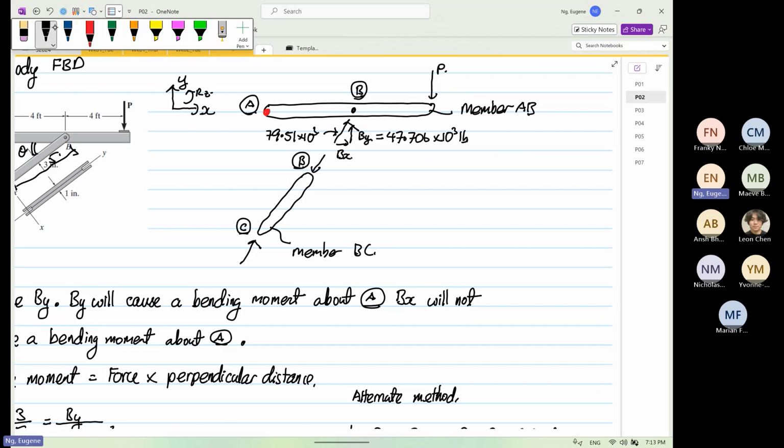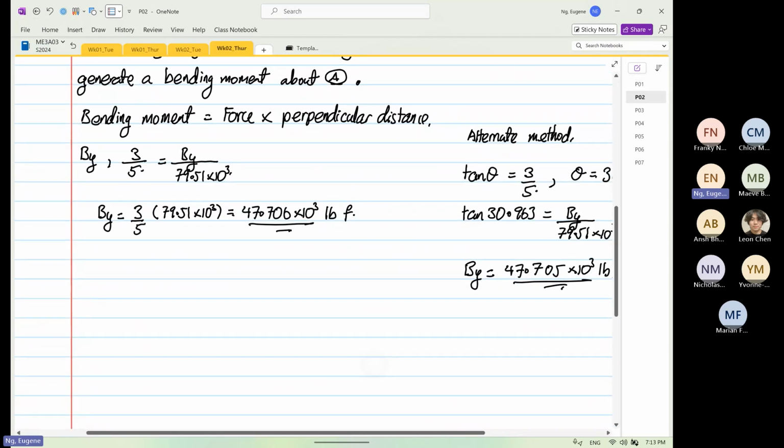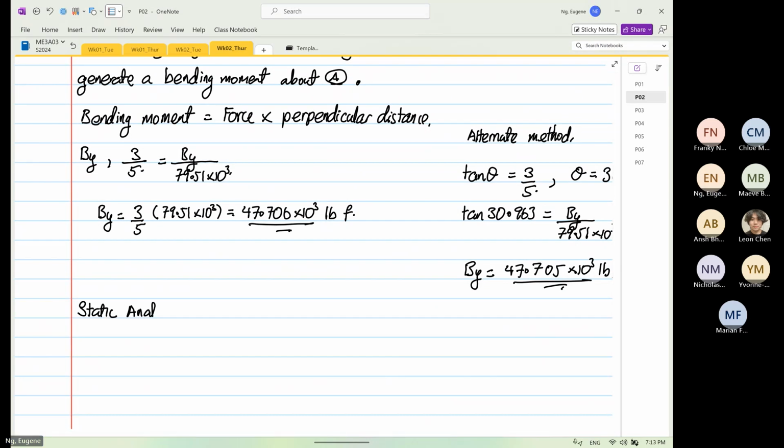So what we are doing there is we are going to perform static analysis. So in static analysis, any moment causing an anti-clockwise rotation will be positive. The sum of moments about the z-axis at point A will be equal to 0.